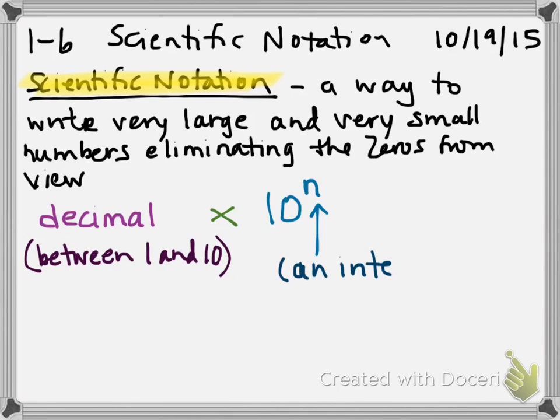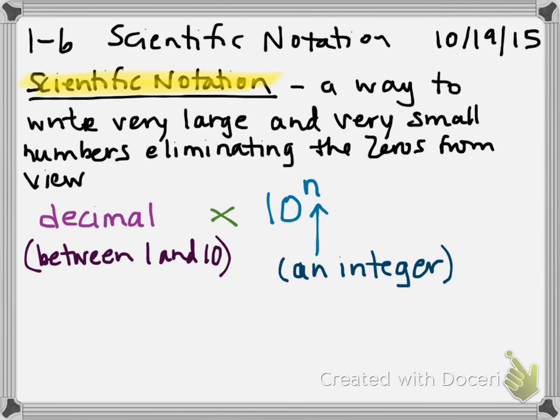So in scientific notation, we can have positive whole numbers, we can have negative whole numbers as our integer, as our exponent. We can't have fractions and we can't have decimals as the exponent. That's the only thing it leaves out.